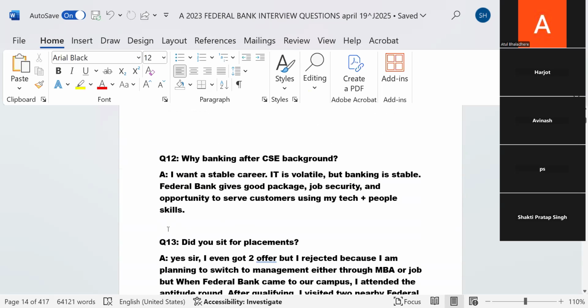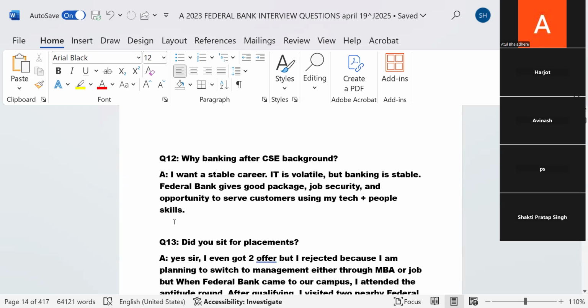12th, why banking after a CSE background? I want a stable career. IT is volatile, but banking is stable. Federal Bank gives a good package, job security, and the opportunity to serve customers using my tech plus people skills. Arey baba, whenever you read, you should read PNB.